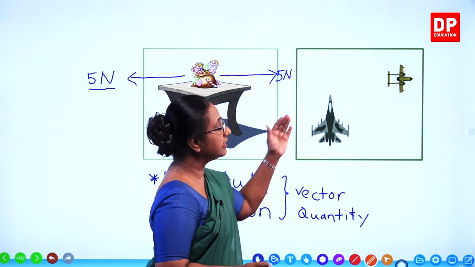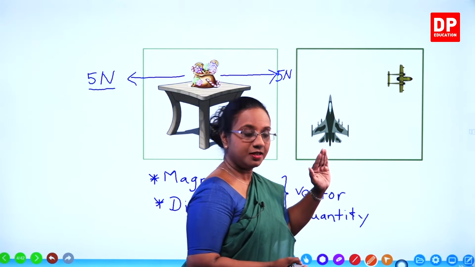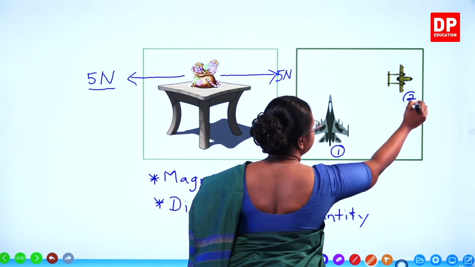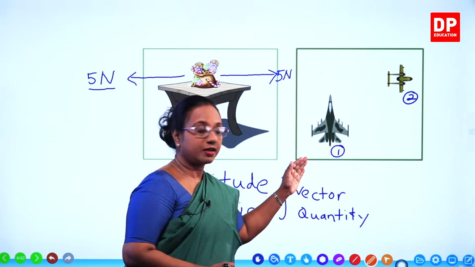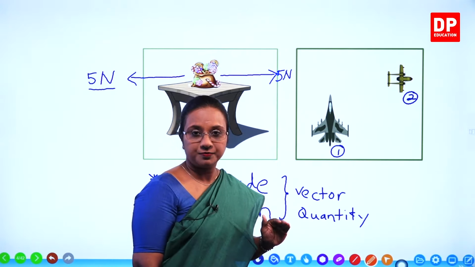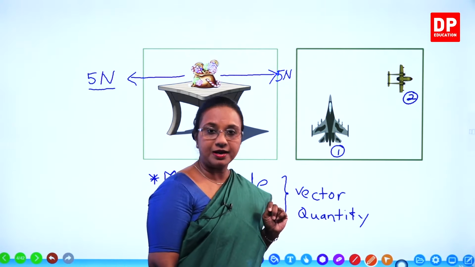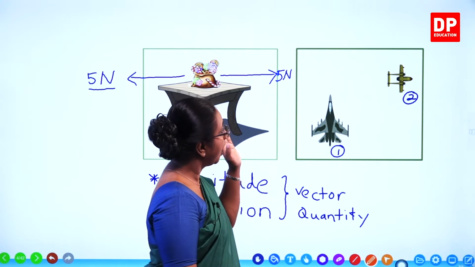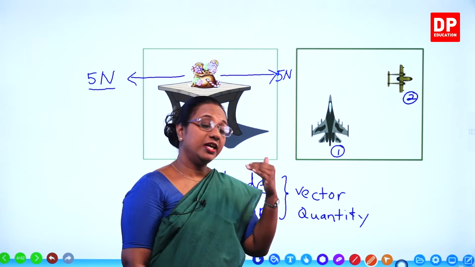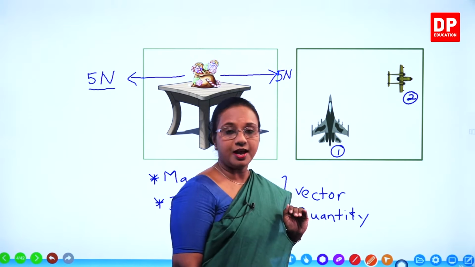Now let's look at the second example. Now there are two aircrafts. We'll say this is the first one and this is the second one. Now the first aircraft wants to attack the second aircraft. So there are two things that should be considered by the pilot. He should know how fast the second aircraft is going, so he can go faster than that and catch up with it.